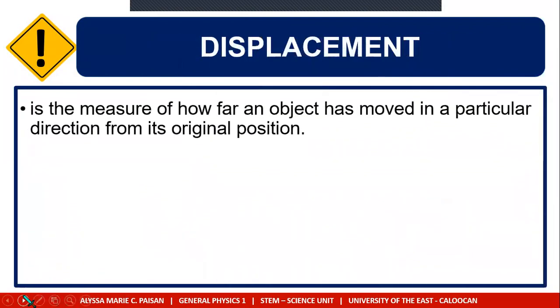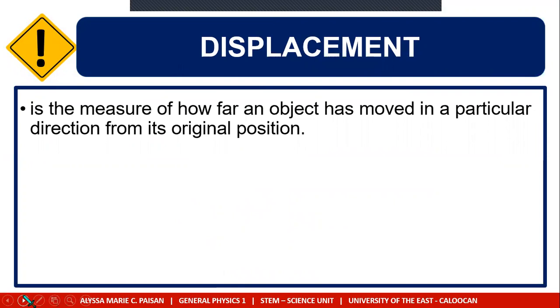Now, how about displacement? Displacement is distance with direction, meaning it's a vector quantity which has distance as its magnitude. As a definition, it is the measure of how far an object has moved in a particular direction from its original position.